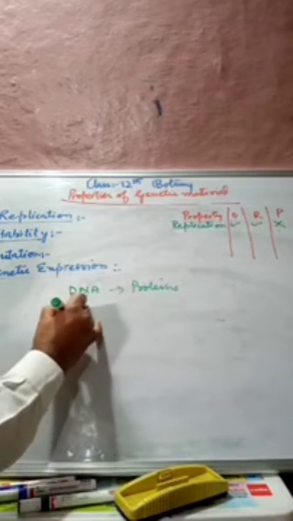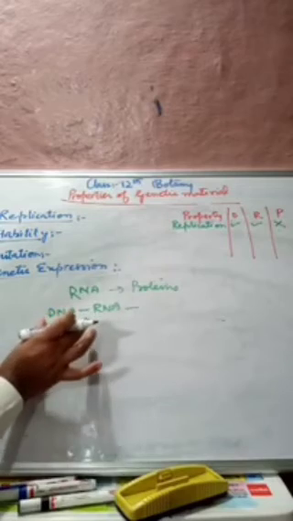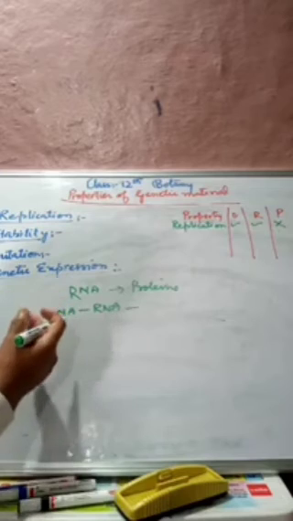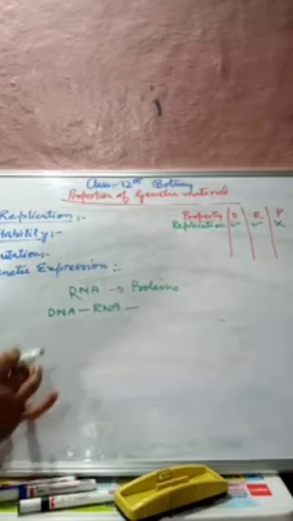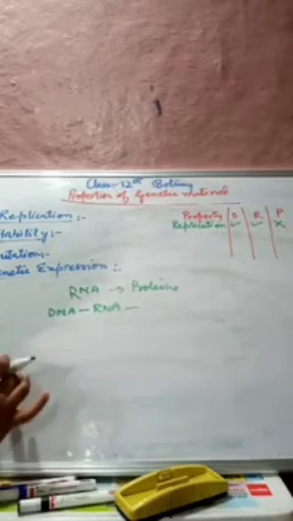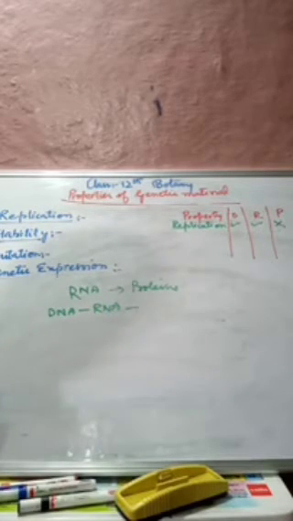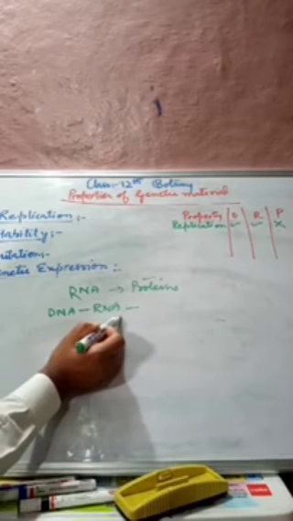DNA requires, now what does DNA need? DNA needs RNA for the formation of these proteins. So the second point, DNA being more stable is considered better than the RNA for storage of the genetic information. RNA expresses easily the characters in the form of protein. DNA requires RNA for the formation of protein.